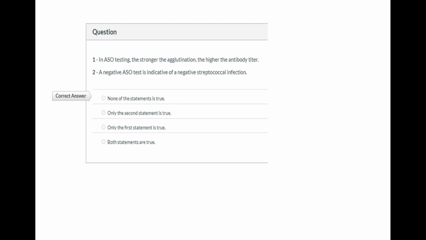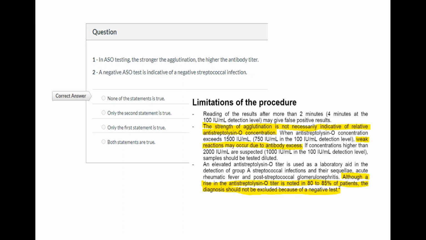In ASO testing, the stronger the agglutination, the higher the antibody titer. At some point, yes, when there is increased antibody titer, it may yield a stronger agglutination. But only to some extent of antibody titer. Why? Because if there is antibody excess, it may result in weak reactions.